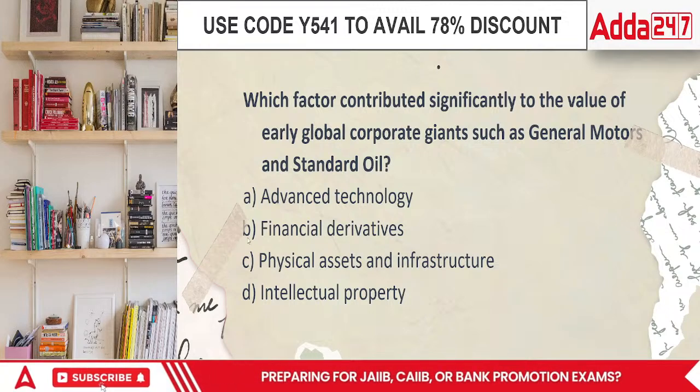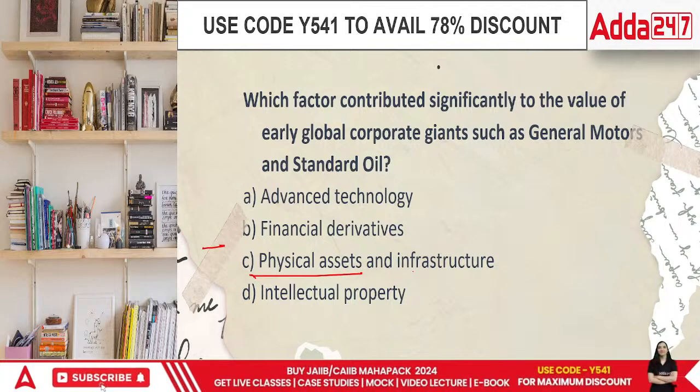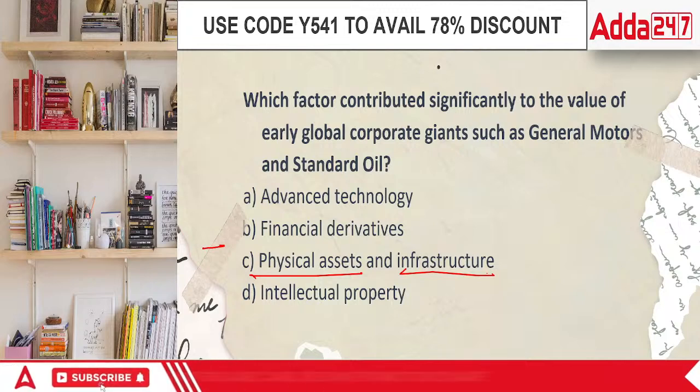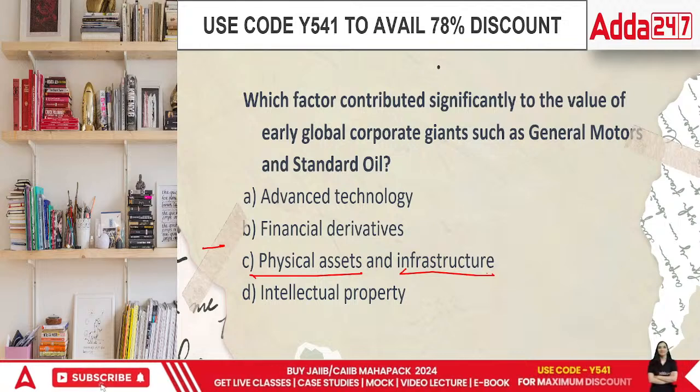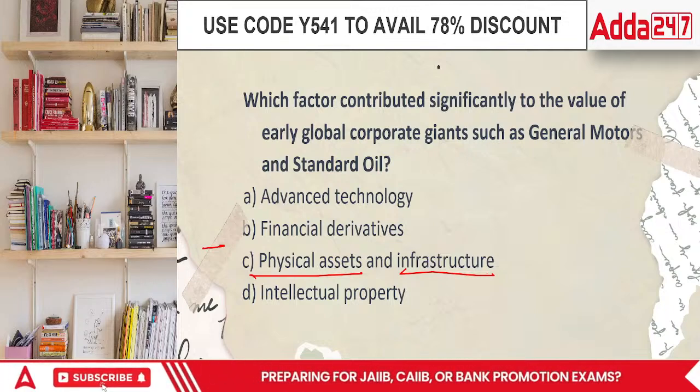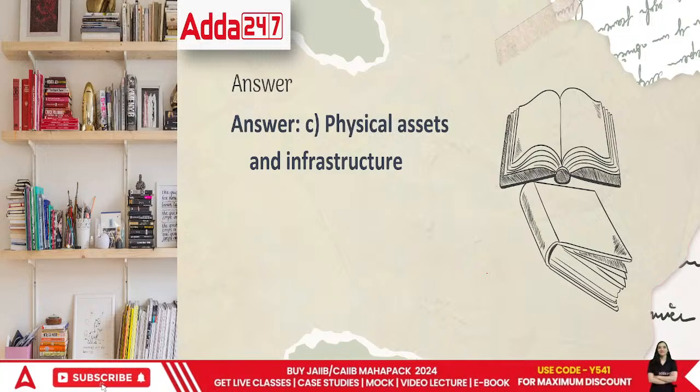The strongest part of their working was their physical assets and infrastructure. Even today, at the national and international levels, these organizations have good quality physical assets and infrastructure. So that is C, physical assets and infrastructure.